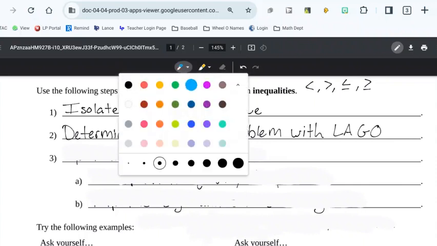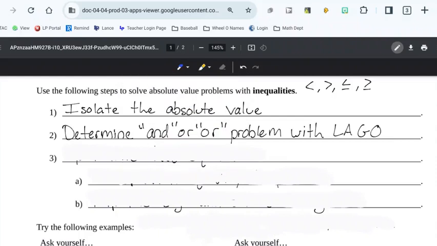So what does LAGO stand for? The L stands for less than, and A means it's going to be an and problem. So after we isolate the absolute value, if we see a less than symbol, it's going to be an and problem.